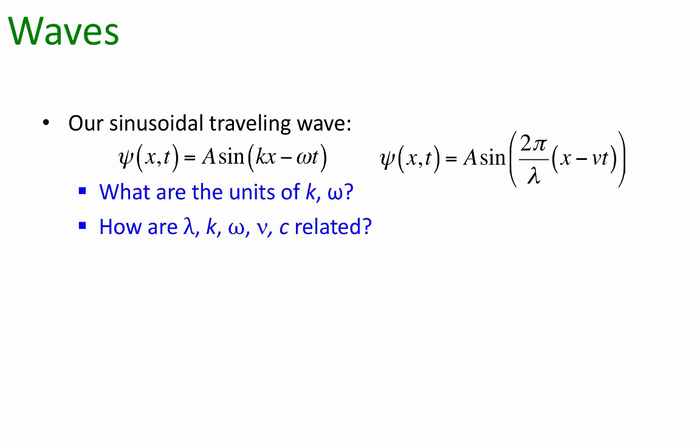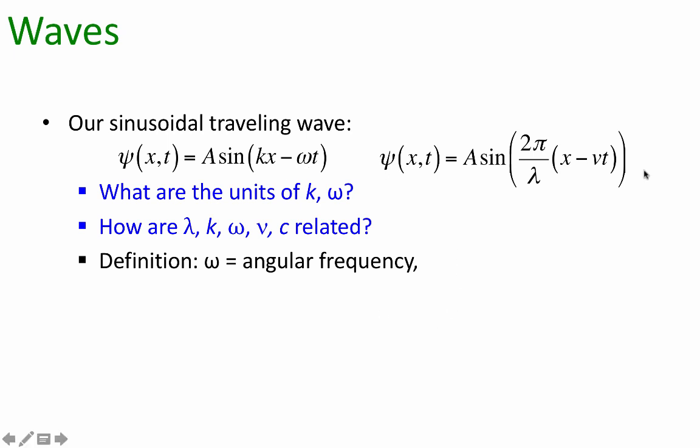Let's move on to find the units of omega. So omega is the angular frequency. Let's compare this omega with what's going on over here. You'll see that omega is going to be equal to 2 pi times nu. This is a little confusing, because this is a nu and that's a v, and that's going to be our biggest issue with using nu as a variable.